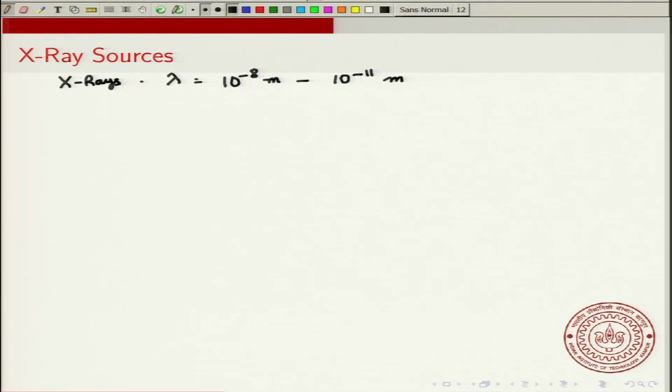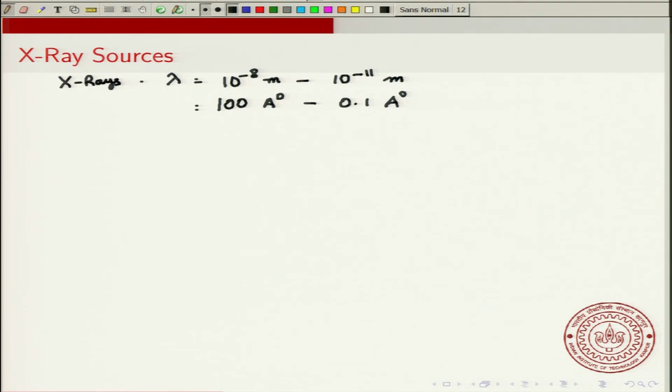This typically works out to about 100 angstroms to 0.1 angstroms. So they are very short wavelength and very high energy beams.